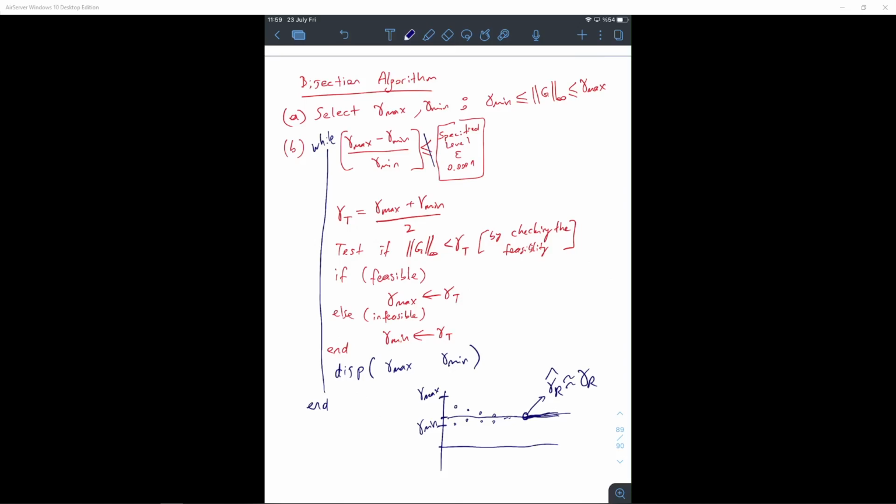I will also try to show this YALMIP implementation. There is a really good example in Kemin Zhou's book. I'm going to show that, and this is the bisection algorithm.